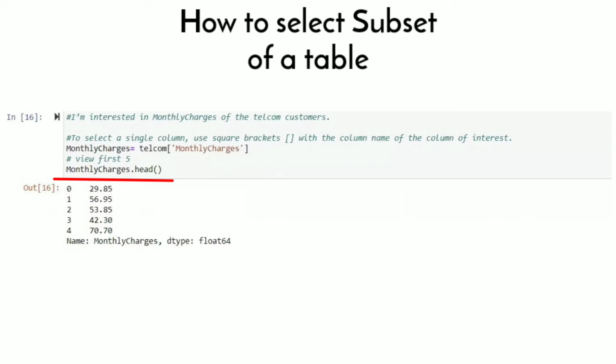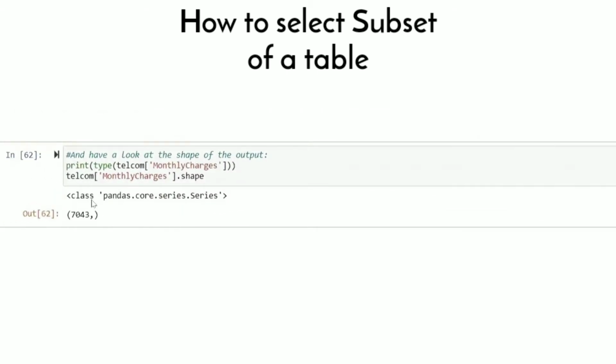So monthly charges is a new variable in this case. And we can call the functions within pandas to explore what is within our monthly charges. Now, again, just to specify, when you call a single column within a pandas data frame, it returns a pandas.core.series data type.